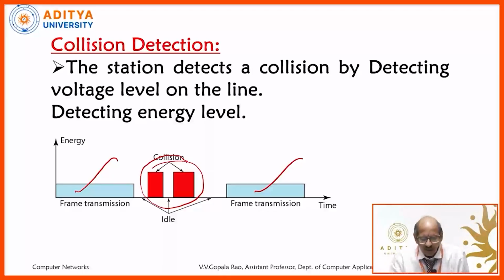This graph shows how collision detection can take place, based on this time and energy graph. Whenever the energy portion is doubled, then automatically you can say that the collision has occurred.